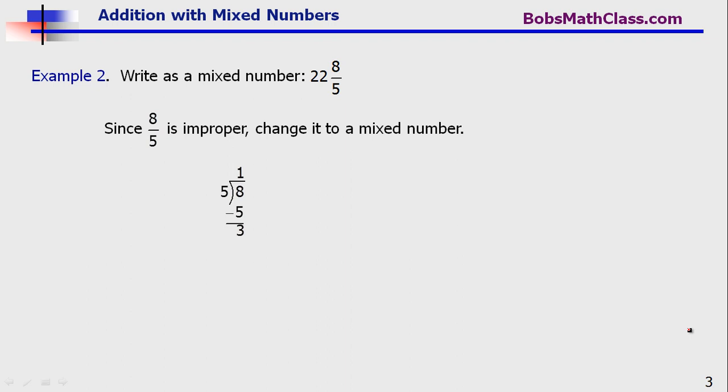So that gives us 1, and remember, just flip our remainder over the divisor, so 1 3/5, and then add the two whole numbers together, so that's 22 plus 1 3/5. So add 22 and 1, 23 3/5. Okay, that wasn't too bad, right?